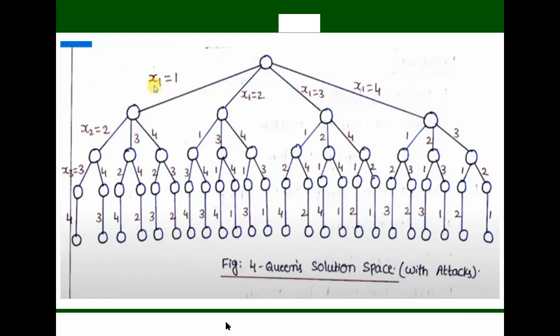Clear, students, so far? So how do I construct it? See here.